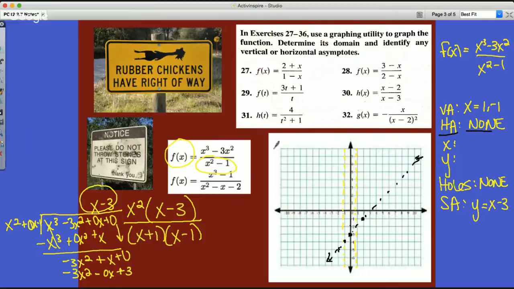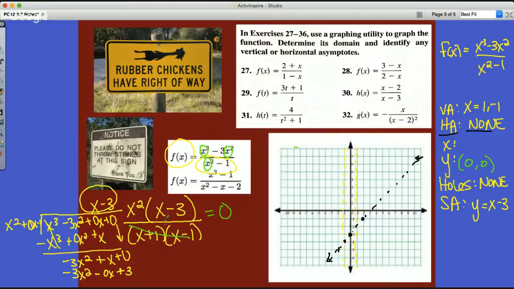With y-intercept, I'm plugging 0 in for x, to where if I did that, I get 0 minus 0 all over 0 minus 1. So I get 0 over negative 1, which would be 0. So my y-intercept is going to be 0, 0. Just like before, for my x-intercept, I plug 0 in for y, to where this equation would be equal to 0.